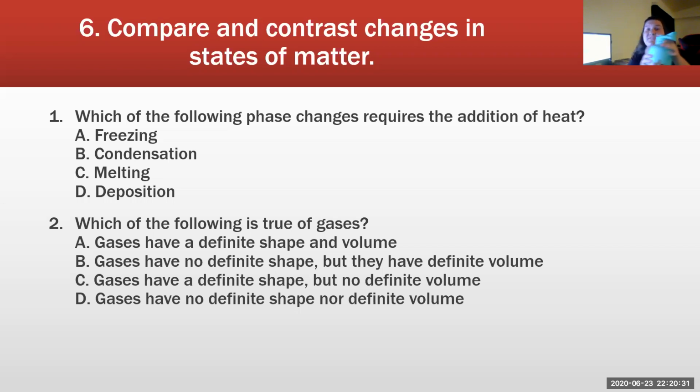So it does not have a definite shape, but it has a definite volume. If I have 4 cups of water in here and I dump it onto my carpet, it still has 4 cups of water. It just doesn't have the same shape that it did in my water bottle. There's no state of matter that has a definite shape and no definite volume. So C is just kind of irrelevant.